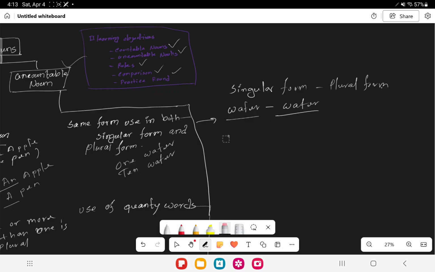Then you can use oil. Oil is an uncountable noun. You cannot count oil. So oil remains the same in singular form, oil remains the same in plural form.